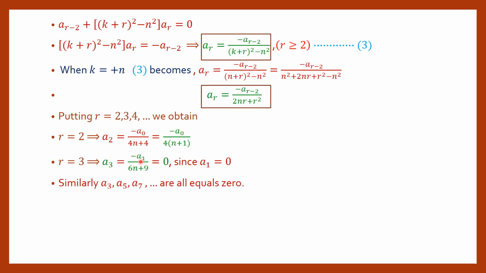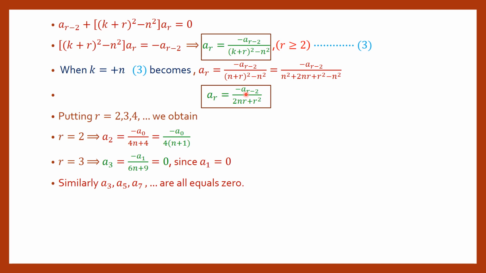Similarly, if you want to find a5, r equal to 5. In the numerator we have minus a5 minus 2, that is minus a3, by something. So a3 is 0, therefore this whole expression will be 0, which means a5 will be 0. Similarly, if you want to find a7, a7 equal to minus a7 minus 2, that is in the numerator we have minus a5.